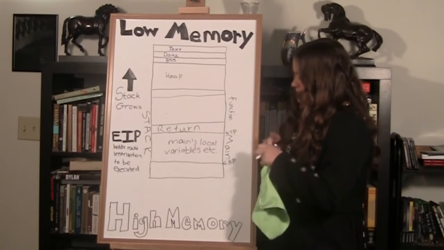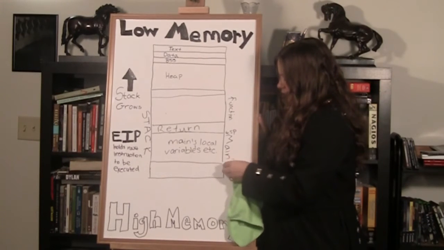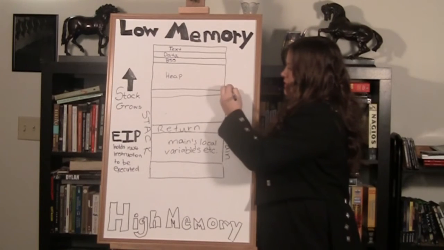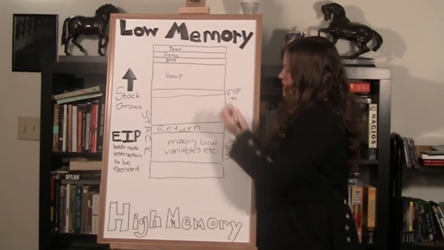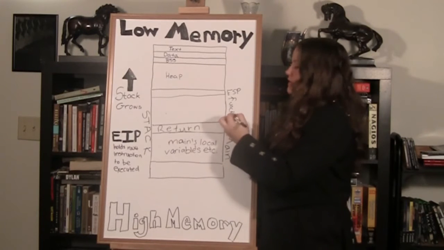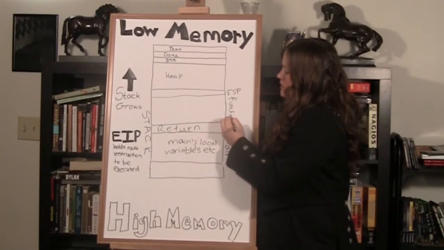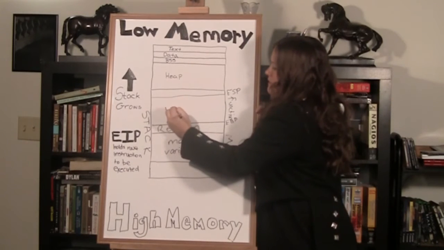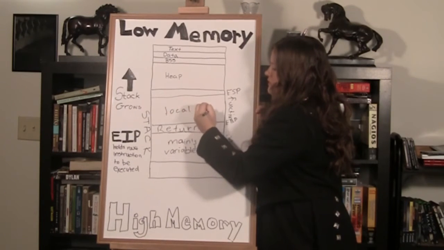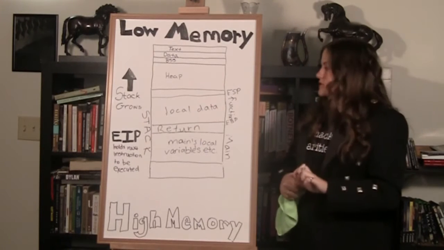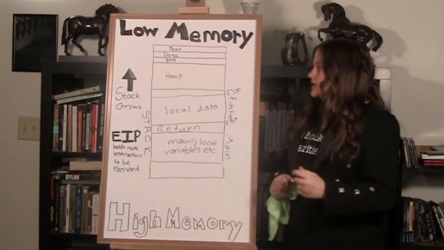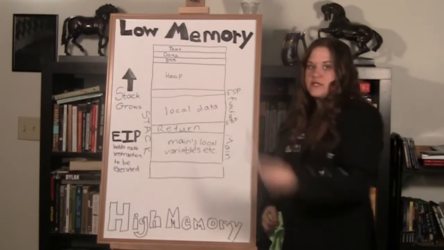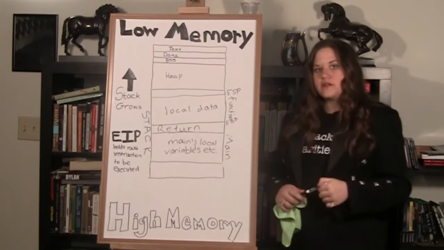So these will instead be pointing to the low address for function for ESP and the high address for function for EBP. And then we'll put our local data here. Function will execute, and when function is done executing, we'll find the return address here, and that'll be pushed into EIP, and then we can return to main and execute normally.